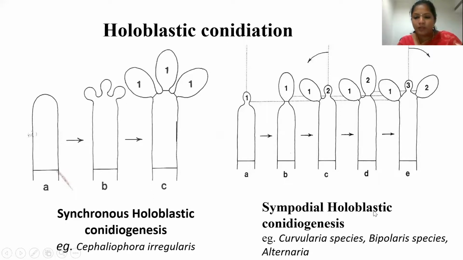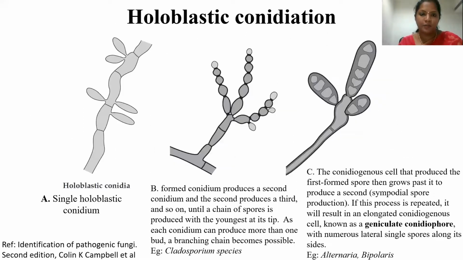But in sympodial holoblastic conidiogenesis, first one conidium will be formed fully, then it grows past it, and again a second budding will be formed. Then after formation of the second, a third budding will be formed. So it is a sequential process, so it is called sympodial holoblastic conidiogenesis. It can be seen in Curvularia species, Bipolaris species, and Alternaria species.